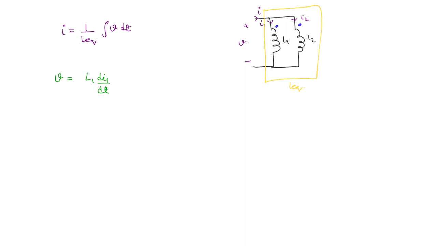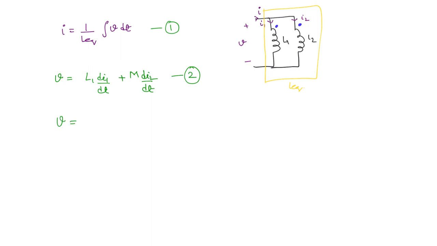The current is flowing into the positive polarity, so we are taking plus. Now the I2 current is flowing into the dotted polarity, so the dotted polarity should be positive here. The same thing we have taken positive, right? So here we can write plus M dI2 by dt. So this is one equation, and this is the second equation.